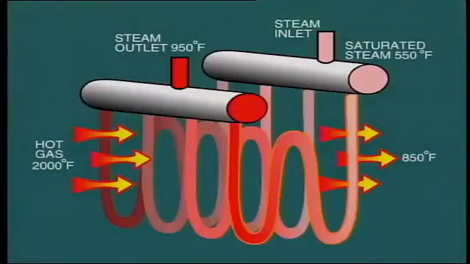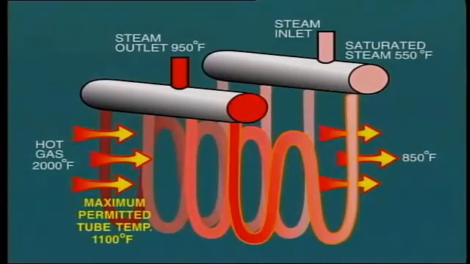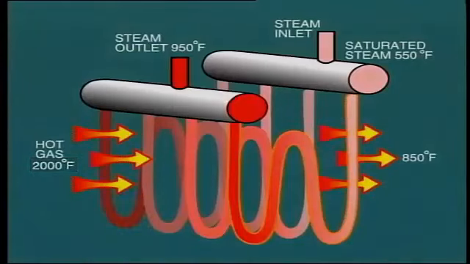During operation of the boiler, a great deal of attention has to be paid to preventing over-temperature of superheater tube metal. The maximum permitted tube metal temperature is usually about 1,100 degrees Fahrenheit. So remembering that the temperature of the gas passing over the outside of the tubes is about 2,000 degrees Fahrenheit, it is clear that it is only the flow of steam passing inside each tube which keeps its temperature within safe limits.